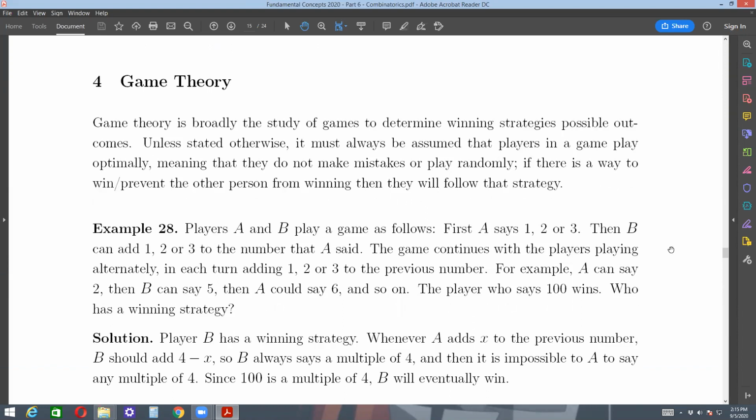All right, next topic is game theory. Game theory doesn't have much theory behind it, based on what we do. It's basically just looking at what happens when you have games between two people, or sometimes more than two, and trying to see if there's a strategy that someone can follow to win. When you're talking about game theory, we always assume that everybody plays optimally.